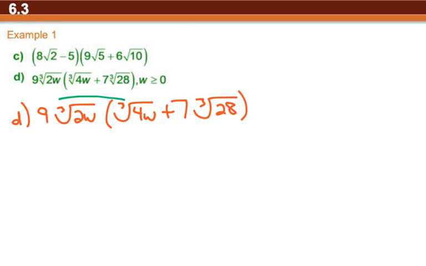Distribute the 9 cube root of 2w into the cube root of 4w. The 9 has nothing to multiply with, so it stays as a 9. We have a cube root, 2w times 4w, 8w squared.